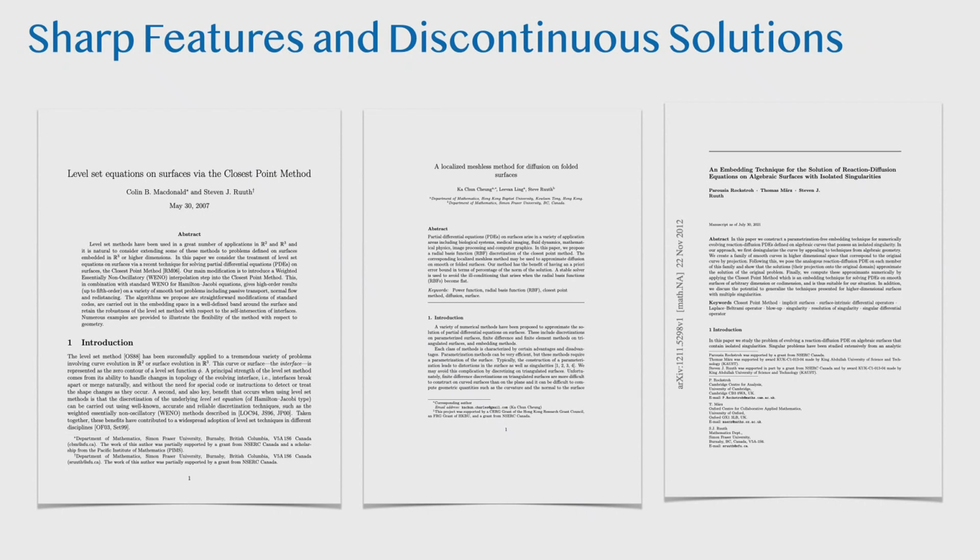What WENO interpolation does is use two different degree interpolation polynomials, and having this information, you can detect and reduce the error that comes from discontinuous issues. The middle paper uses radial basis function discretizations, and it does handle sharp features directly, but the way it's set up, they can only achieve first order accuracy.